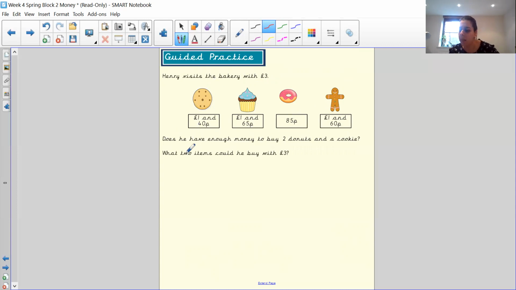So we need to add that up. So we're going to write our cookie is worth £1.40 and 2 donuts. So that's 85 pence and 85 pence because he's asking about 2 donuts. So we need to add that up all together.